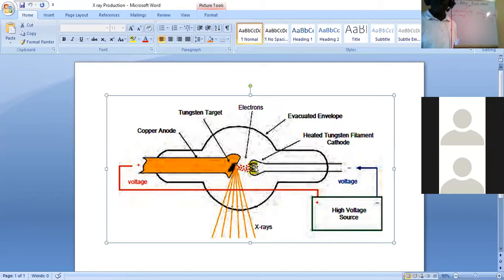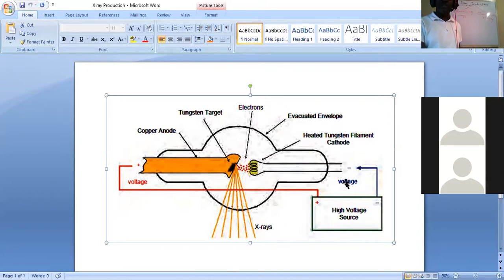By thermionic, we mean heat. So when heat is supplied to this, where does the heat come from? The heat comes from the circuit of this cathode, from this filament. It has its own circuit.